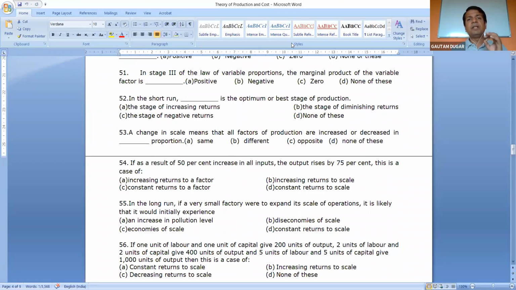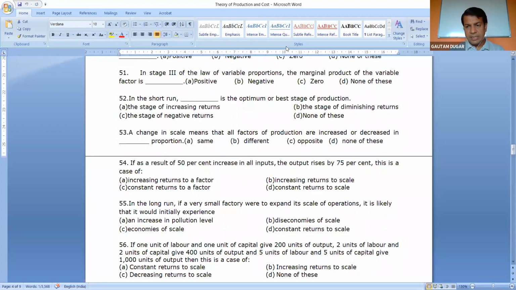If inputs have increased by 20% and output has increased but by less than 20%, say only 10% or 5%, then we call it diminishing returns. So coming to 53 onwards, a change in scale means that all factors of production are increased or decreased in the same proportion. So 53A was the correct answer.